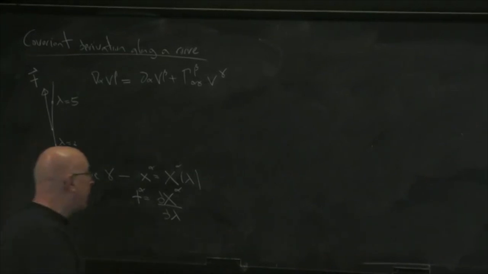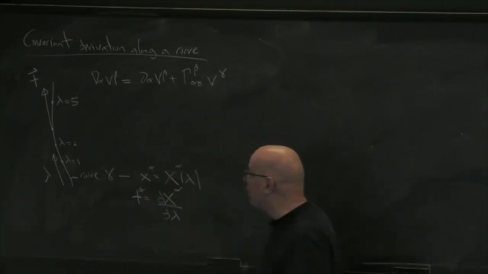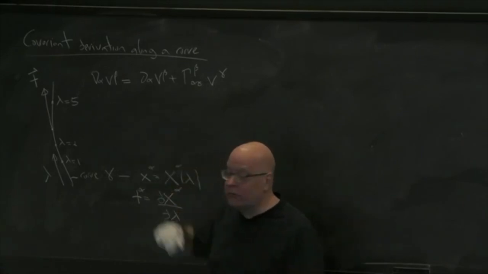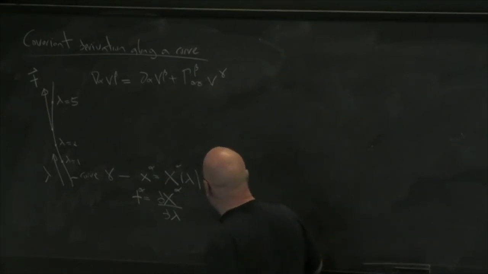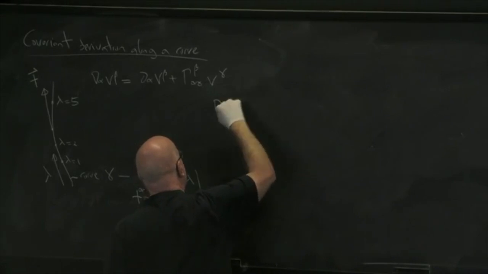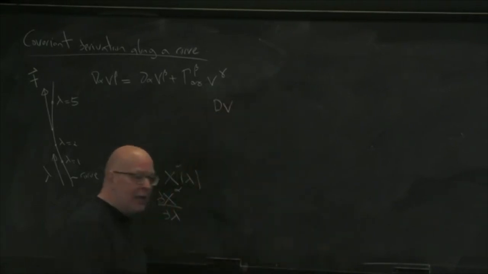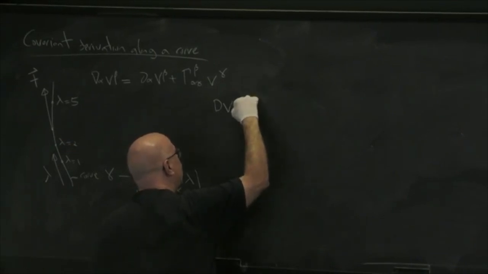So when we're talking about the covariant derivative along the curve lambda, we're really talking about taking those covariant derivatives, but projecting them in the direction of the tangent vector. So the notation that I like to use for this is the big D here that tells you that we're talking about a covariant derivative as opposed to an ordinary derivative.